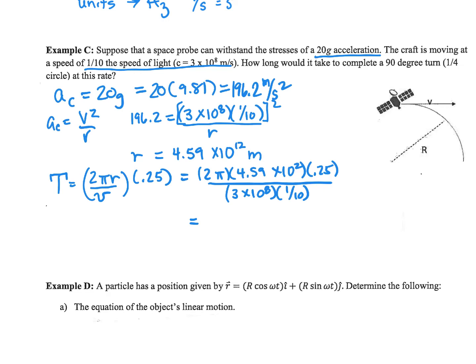I get 240,331.838 seconds, but I don't really want that in seconds because that's ridiculous. So I need to change that to hours, don't I? And so I'm going to divide that by 3,600, and I get about 66.8 hours. So that's the period to go a quarter of a circle.